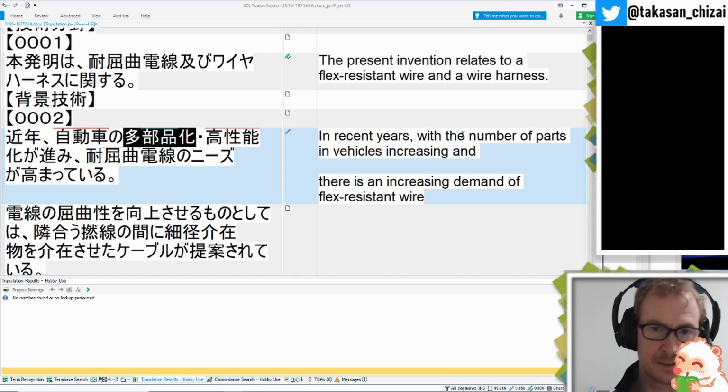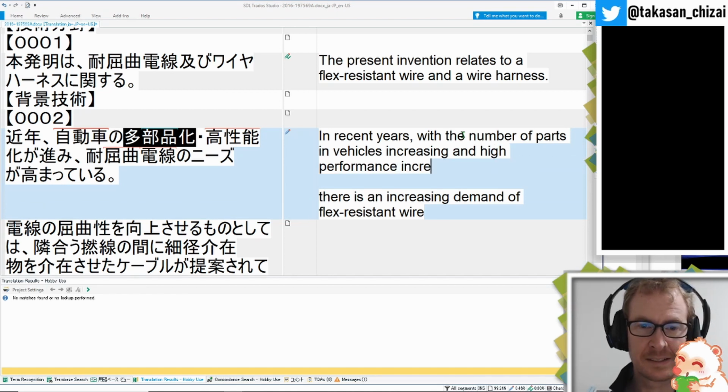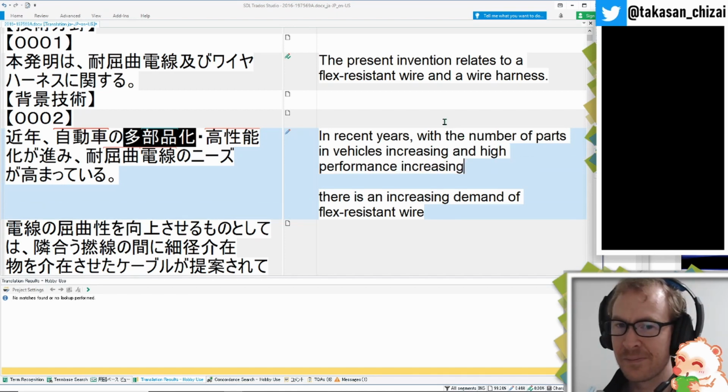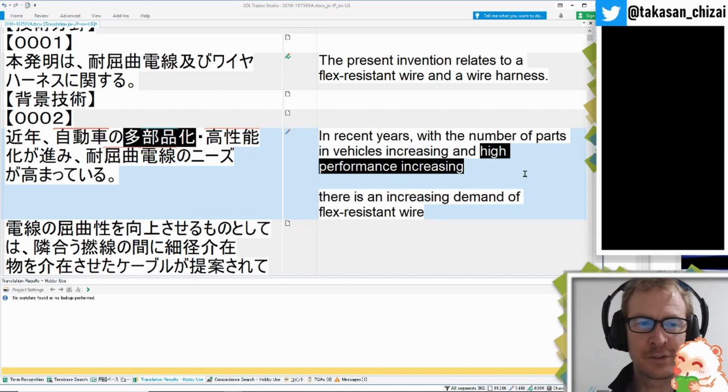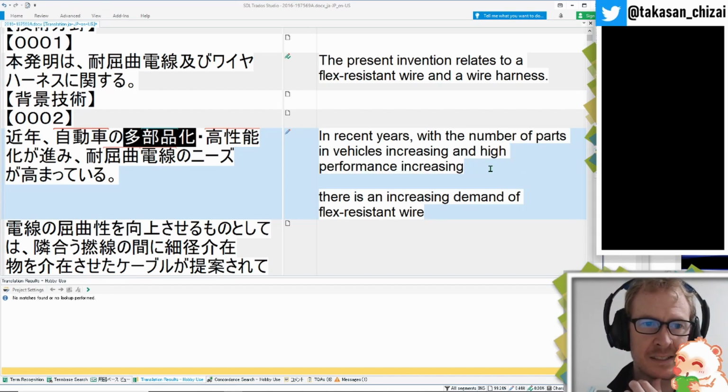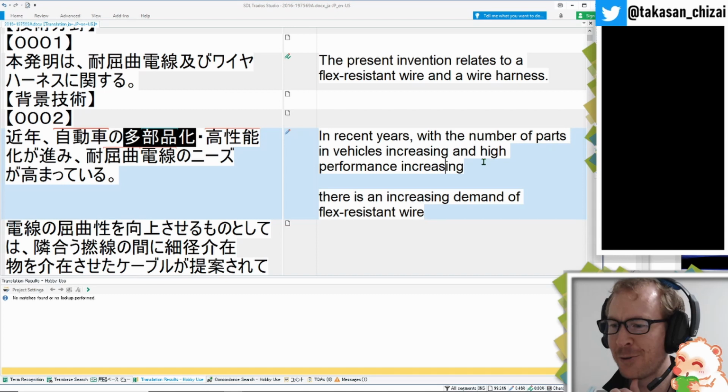and high performance increasing. This sounds a little bit weird. High performance increasing and performance. I don't like how it says high and then increasing. It looks like it should be one or the other here.